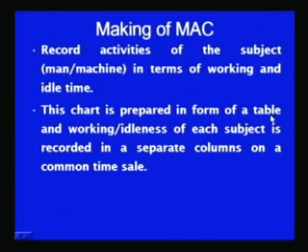After recording the activities of the different subjects, the chart is prepared in the form of a table, where whether they are working or idle for each subject is recorded in a separate column on a common time scale.